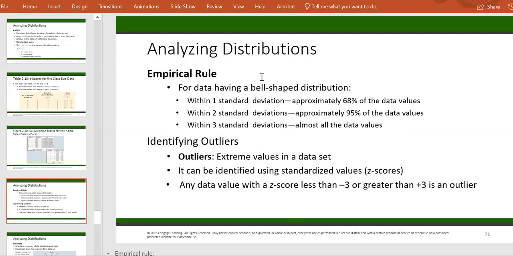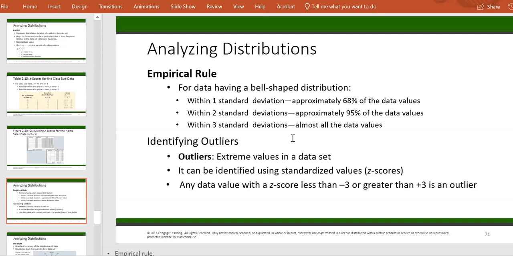All right, so to repeat again: 68% within 1 standard deviation from the mean, 95% of the observations should fall within 2 standard deviations from the mean, and almost everything should be within 3 standard deviations, between -3 and +3 standard deviations from the mean.